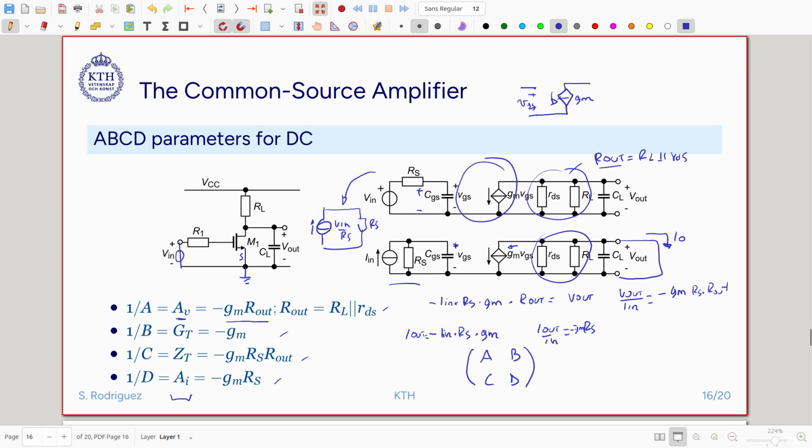It is just a voltage controlled current source. This is without the intrinsic resistances and capacitance, so it has an infinite input impedance, and it also has infinite output impedance here. Output also infinite because it's a current source, and then the input is the input voltage there.